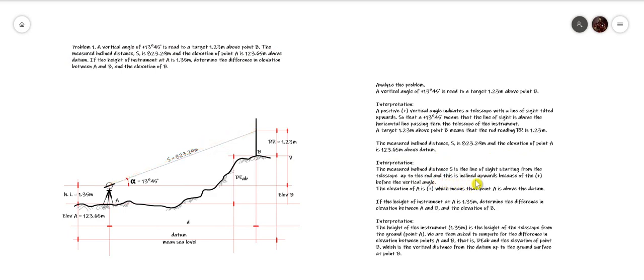This distance S is inclined upwards because of the positive sign before the vertical angle. Also, the elevation of A is positive, which means that point A is above the datum.